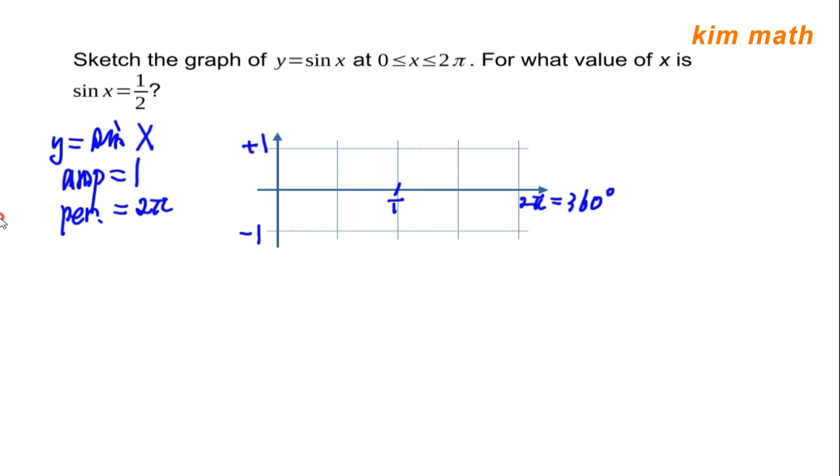Now, half is pi, quarter is pi over 2, 3/4 is 3 pi over 2, right? Or 90 degrees, 180 degrees, 270 degrees, and 360 degrees here.